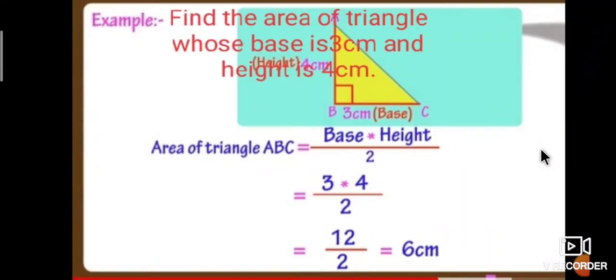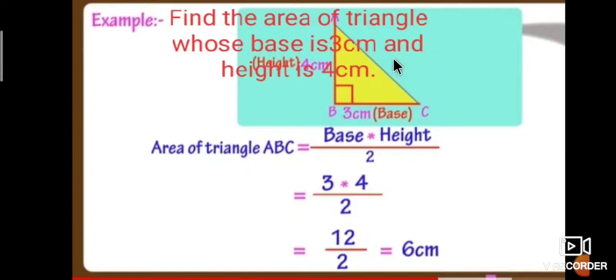Next one is find the area of a triangle whose base is 3 centimeter and height is 4 centimeter. According to that, the area of triangle ABC is equal to half into base into height. Base is 3 centimeter given, height is 4 centimeter given.